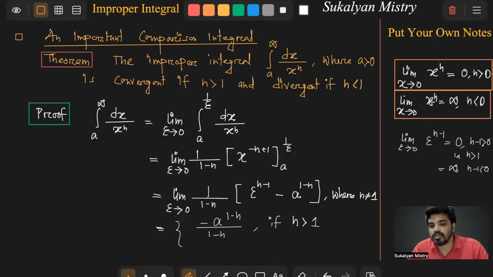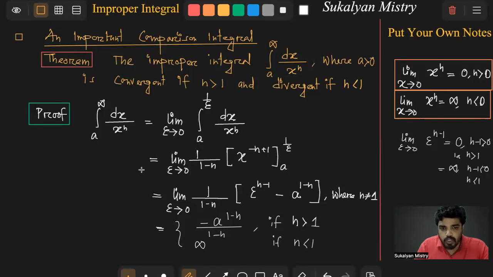Therefore limit epsilon tends to 0 epsilon to the power n minus 1 is infinity if n minus 1 is less than 0, that means n less than 1, okay. So this is infinity if n less than 1, getting my point, okay.